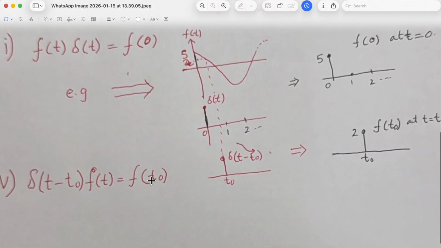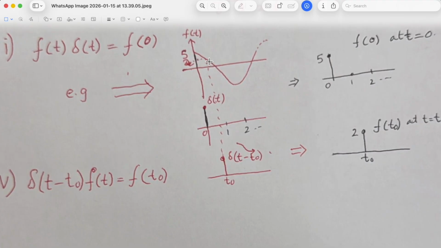Let's suppose you have the same function, f of t, but you have del of t minus t naught, that is a shifted version. The shift is at t naught. At t naught you have this particular point, and if you multiply that with this value, maybe the value of f of t at this particular point is 2.